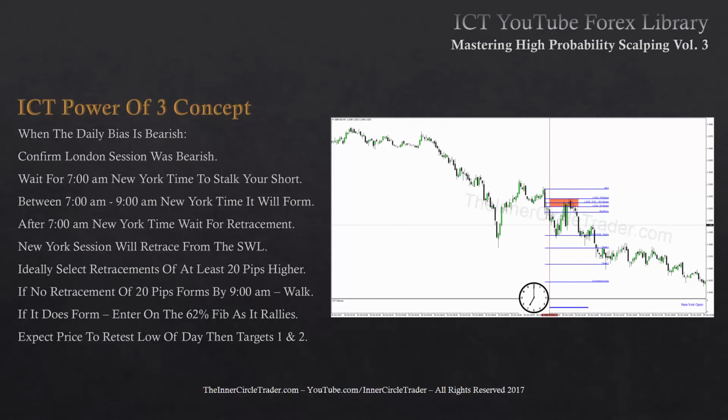But the key is waiting for a 20 pip rally after 7 a.m. New York time, while the New York session is anticipating a continuation lower of what was seen in London.